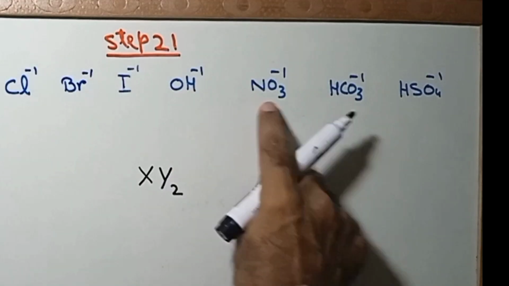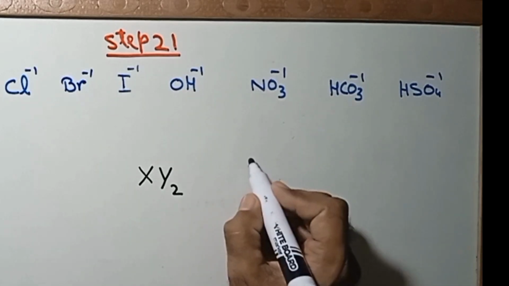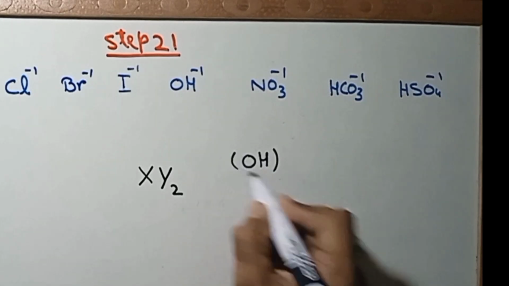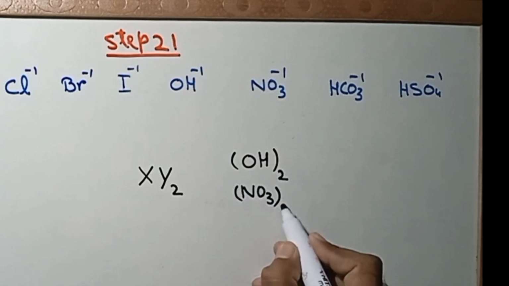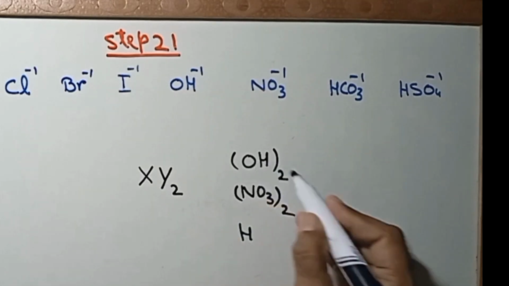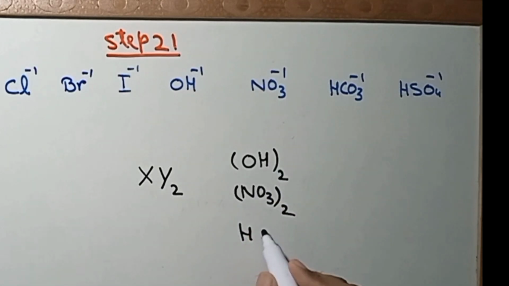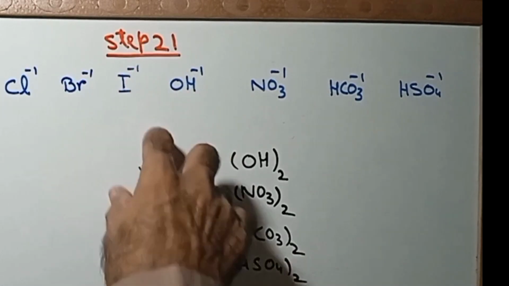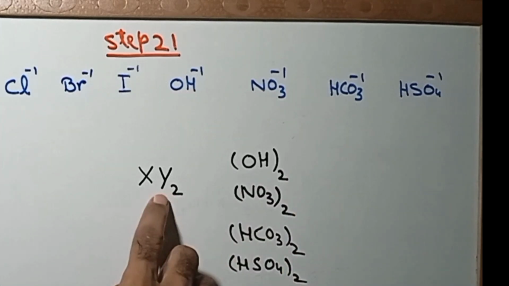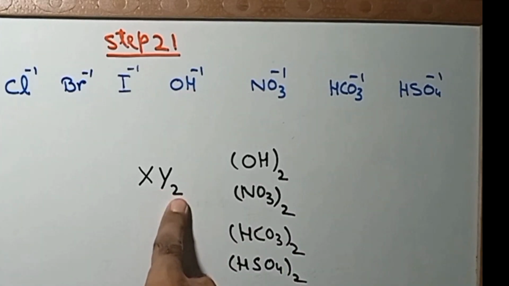So for OH, NO3, HCO3 and HSO4, you must write it as OH twice, NO3 twice, hydroxide twice, NO3 twice, bicarbonate, HCO3 twice, HSO4 twice. You got this? And the cations will be added here for XY, and this is the general formula of XY. And why we take this 2 is twice, because 2 is the suffix of Y2.